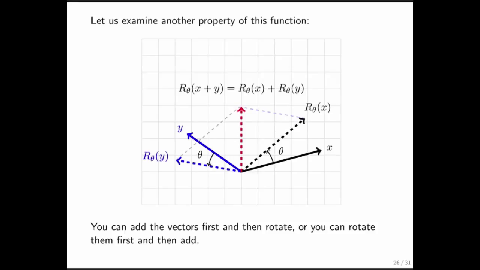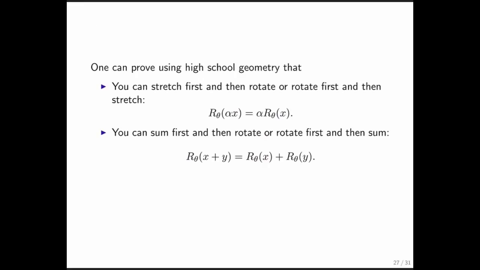So, what we notice about rotating vectors is that you can add the 2 vectors first and then rotate, or you can rotate them first and then add. Now, it could of course be that this is simply because of the specific examples that I chose. However, you can use high school geometry to show that you can stretch first and then rotate, or rotate first and then stretch and get the same answer.